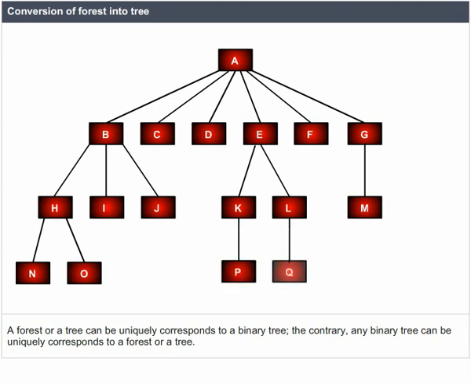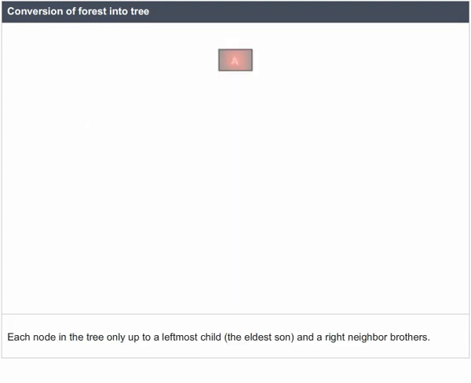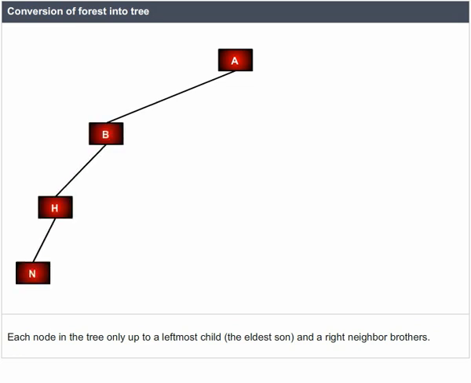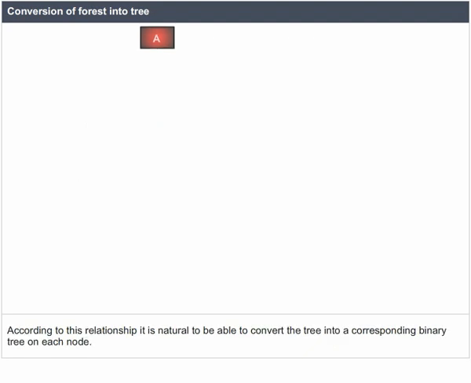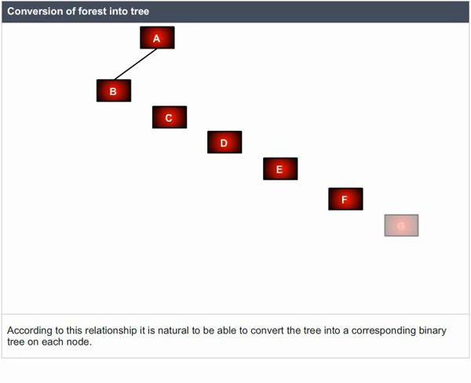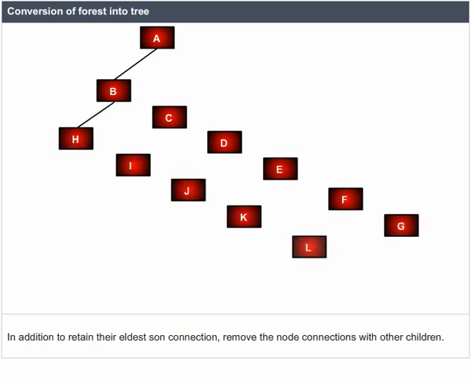Each node in the tree has only up to a leftmost child, the eldest son, and a right neighbor brother. According to this relationship, it is natural to be able to convert the tree into a corresponding binary tree on each node. In addition, to retain the eldest son connection, remove the node connections with other children.